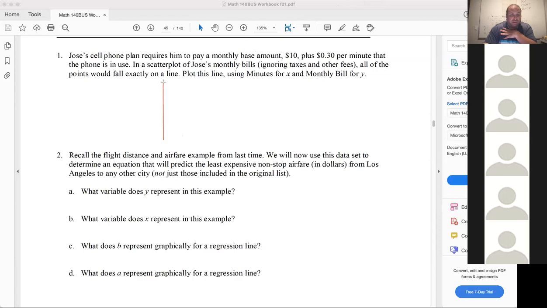So let's make sure we understand why this would all fall on a line. If you don't use your phone at all, how much is it costing you? $10. So this is a height of 10, your y-intercept.